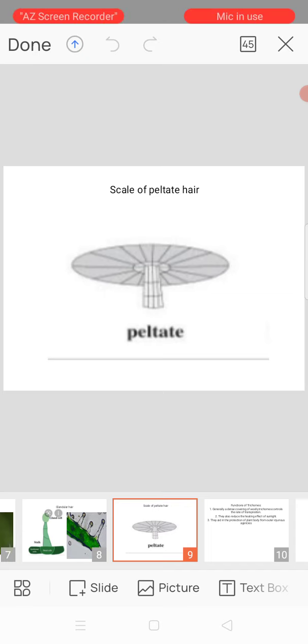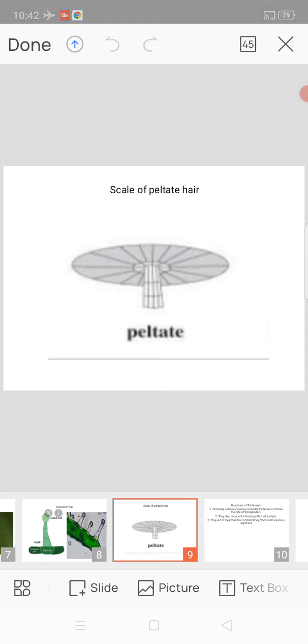And the last one is scale or peltate hairs. A common type of trichome is the scale, also called peltate hairs, from the Latin peltate, a target shape or shield.